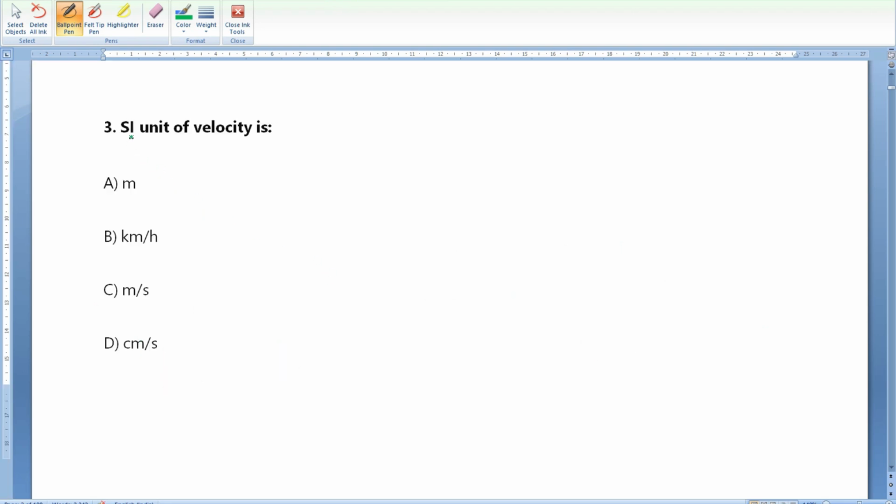Number 3, SI unit of velocity. What is the SI unit of velocity? Meter, kilometer per hour, meter per second and centimeter per second. Among these four, which is the correct answer? Velocity is defined as displacement by time.